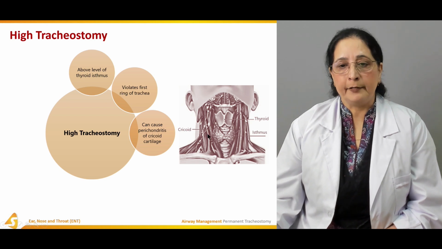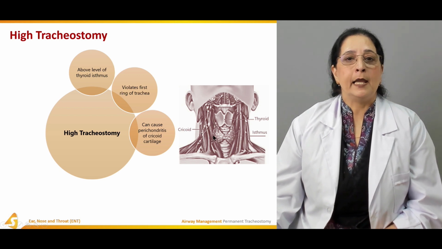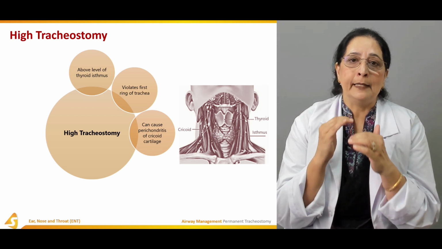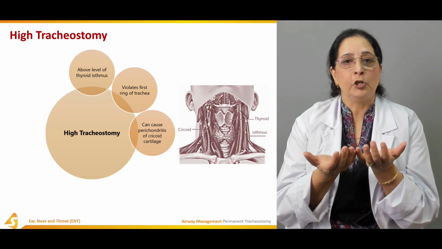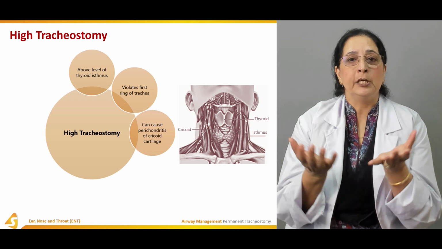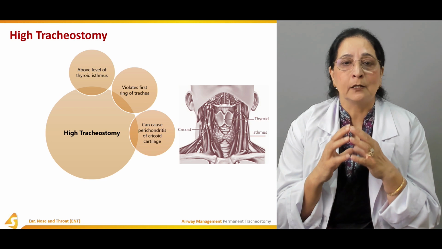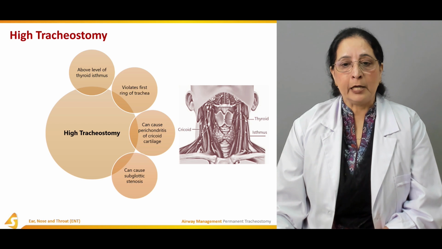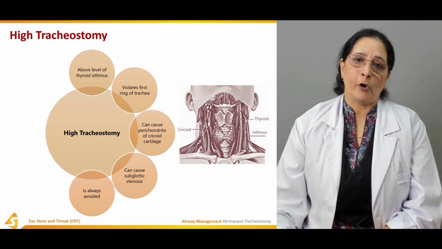It can cause perichondritis of the cricoid cartilage. Here you can see this is the cricoid, and it's very close to that area. So any procedure performed in that area can cause inflammation of the cartilage, or inflammation or infection surrounding the cartilage, perichondritis of the cricoid cartilage. It can cause subglottic stenosis and is always avoided.